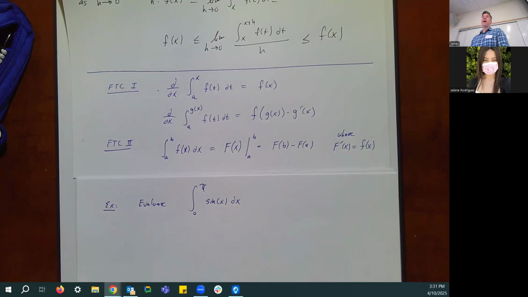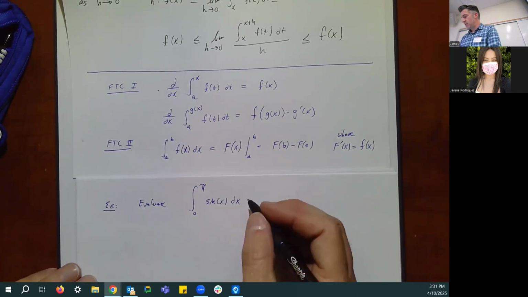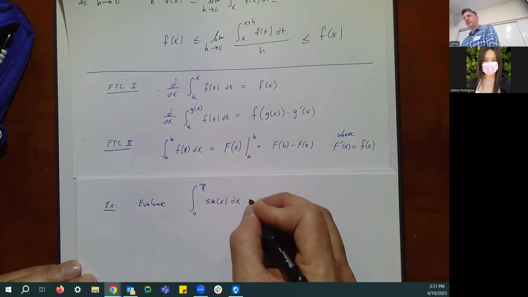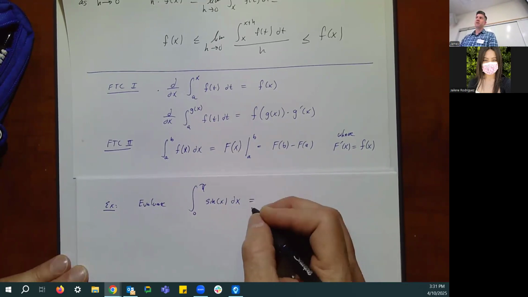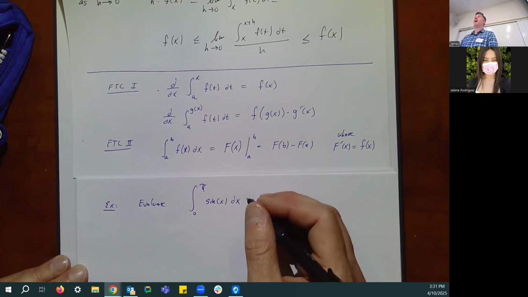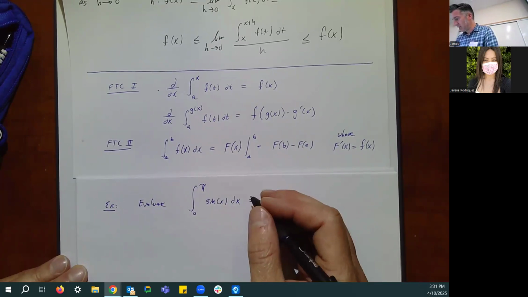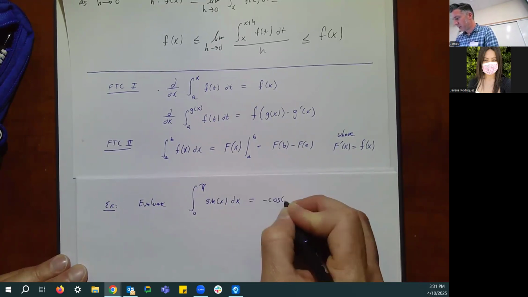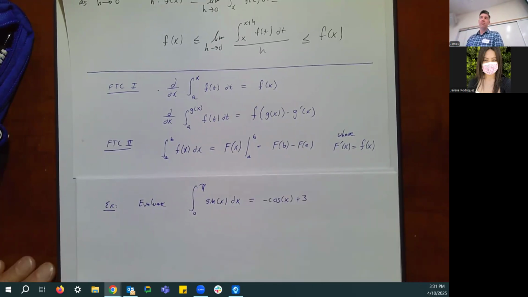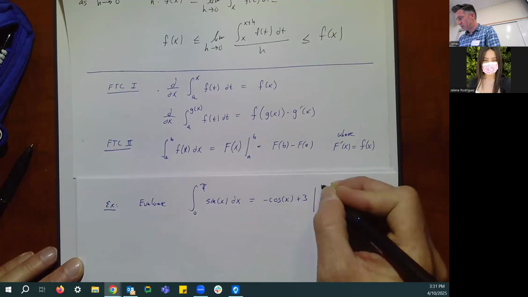We find an antiderivative. Let's actually do this in a somewhat strange way. What's an antiderivative of sine of x? Negative cosine. So let's say negative cosine of x plus 3. That's an antiderivative. It's valid. It's not what we would normally write, but it's totally fine. Evaluated from 0 to pi.